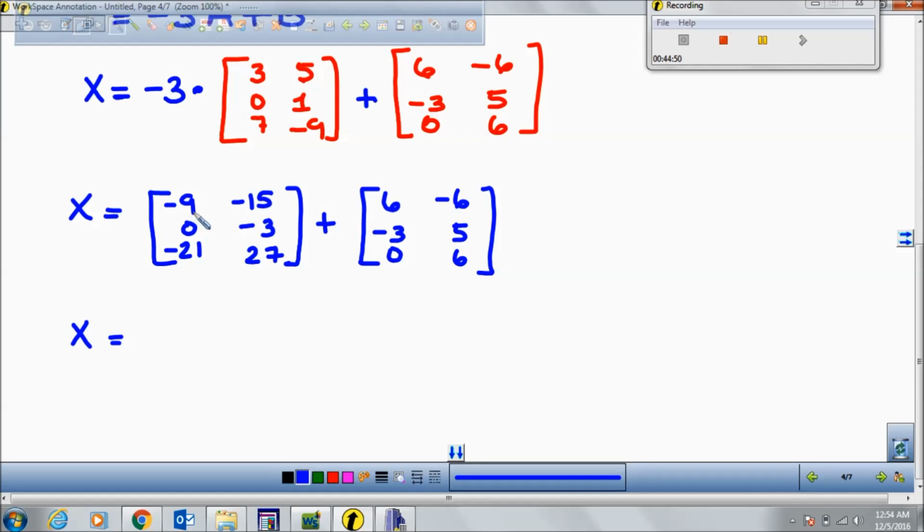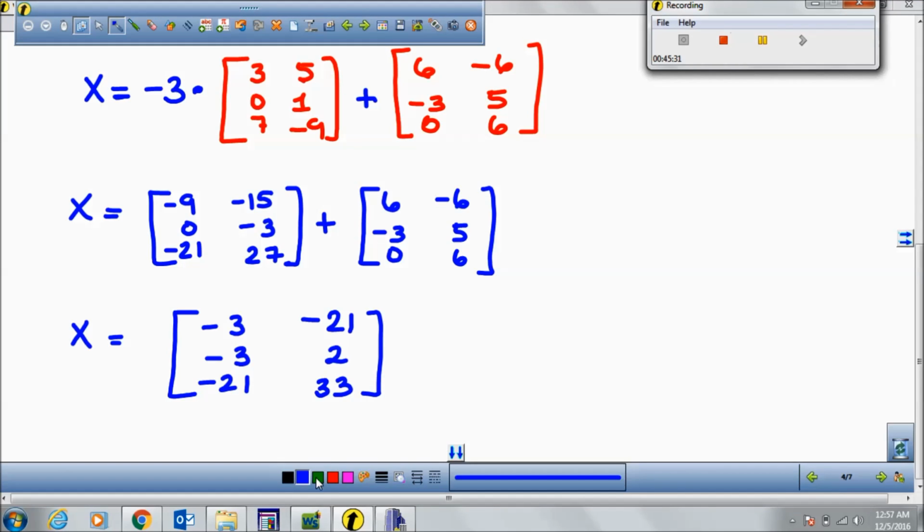So negative 9 plus 6, it's going to be negative 3. Negative 15 plus negative 6, negative 21. 0 plus negative 3, negative 3. Negative 3 plus 5 is positive 2. Negative 21 plus 0, negative 21. And 27 plus 6. So this is going to be your final answer.